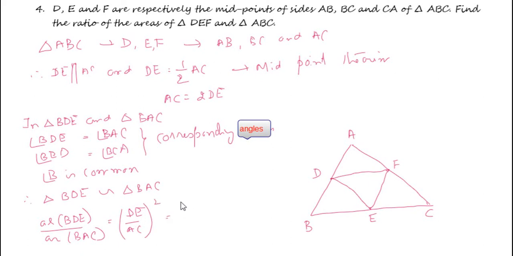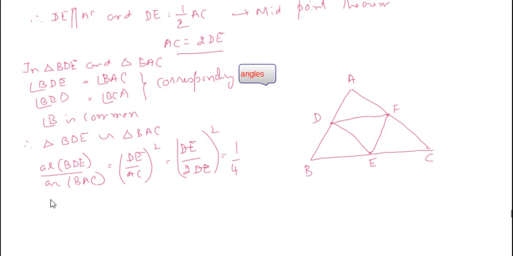AC is equal to 2DE, so DE divided by 2DE whole square. DE cancels. 1 by 2 whole square is 1 by 4. Therefore, area BDE equals 1 by 4 area BAC.